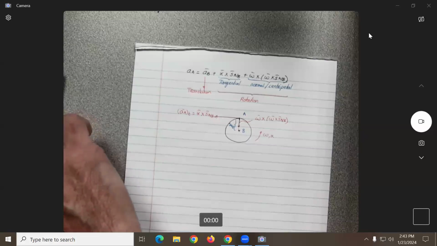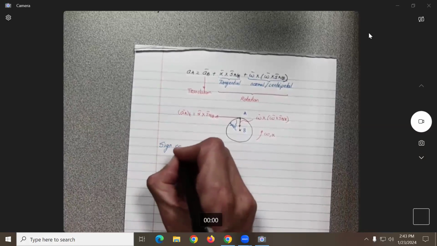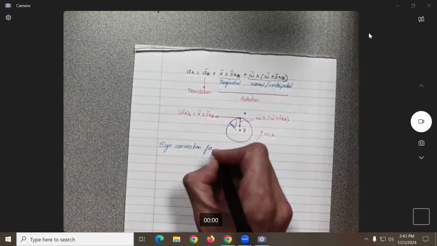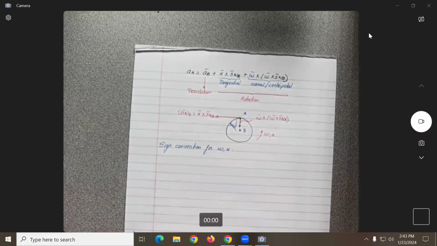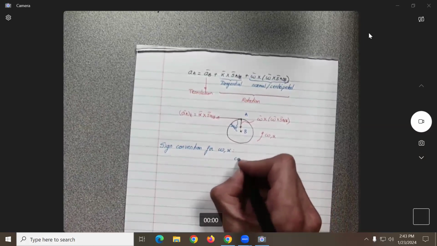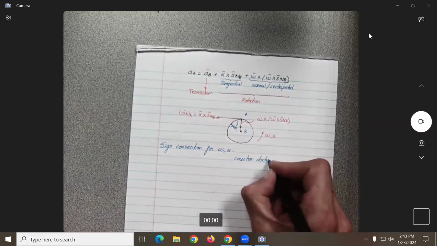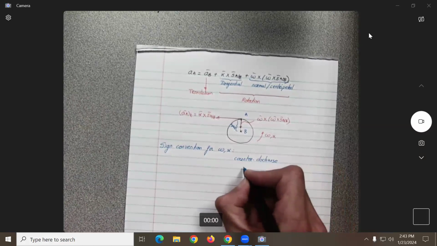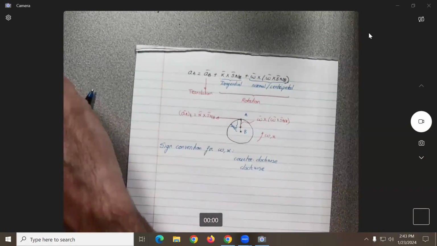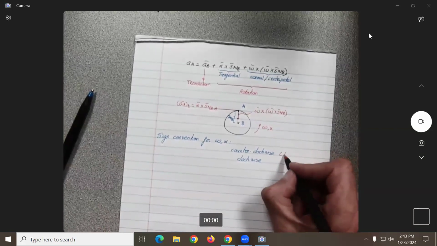Okay, I know you know this, but let's write it down. Some convention for omega and alpha. So we know alpha. Counterclockwise, or we can have it clockwise. So counterclockwise is what? Positive or negative? Positive.